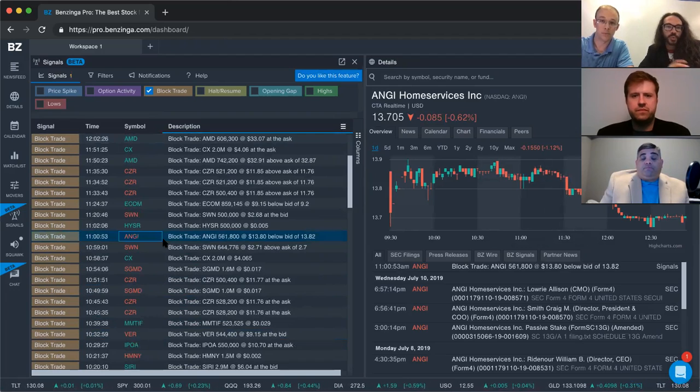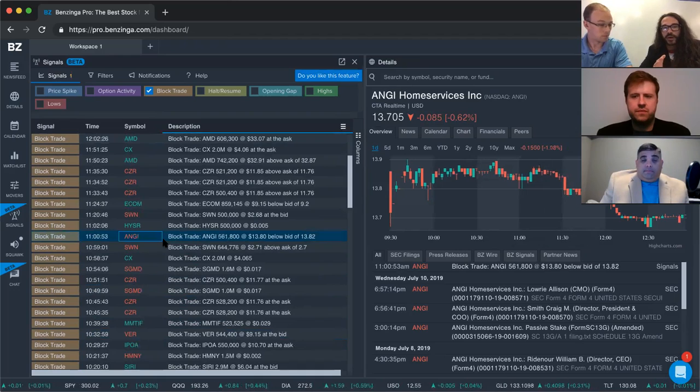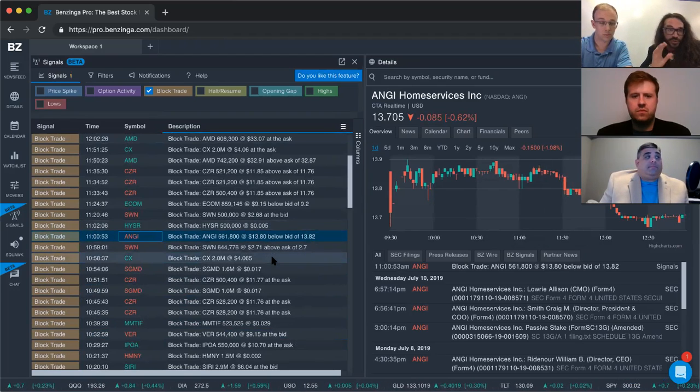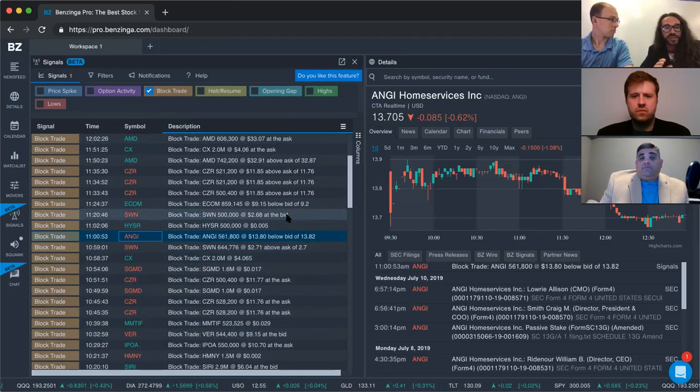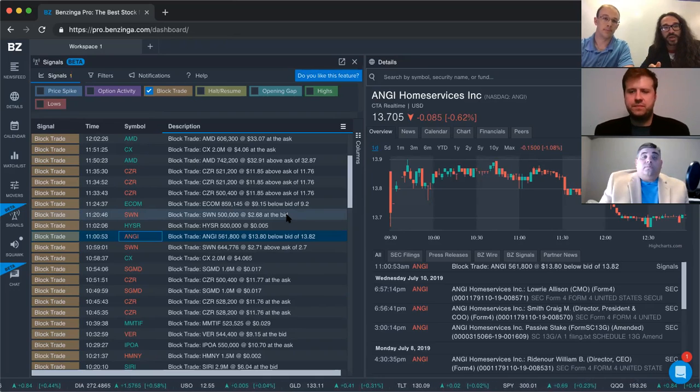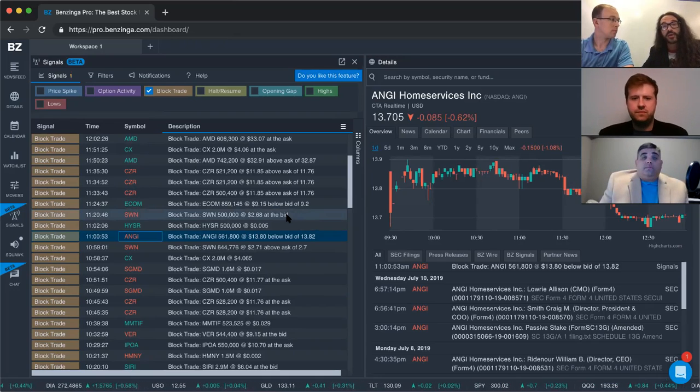And so the one thing that I would recommend is you can get a feel right away if you get that below the bid or above the ask. You don't always get those alerts. As you can see over here on the left side, we're looking at signals. So you can use that right away. But the best thing I could probably recommend is, if you see a block trade, maybe you're already looking at a company and you see a block trade, start watching the stock right away.